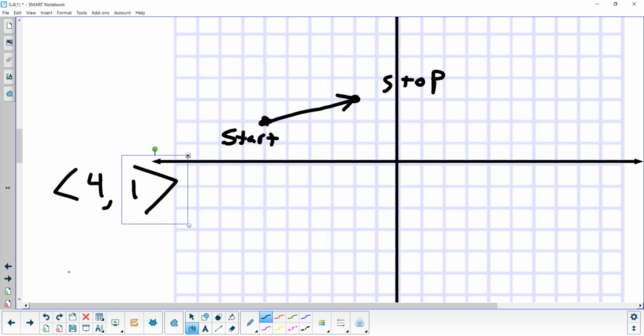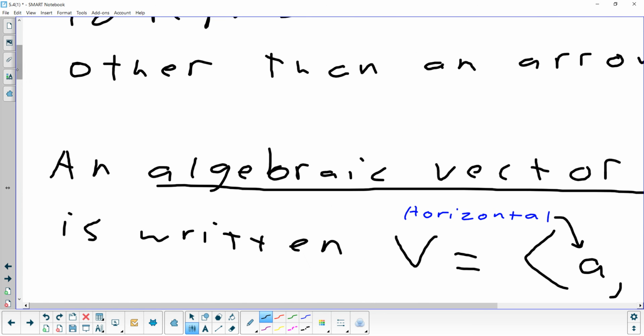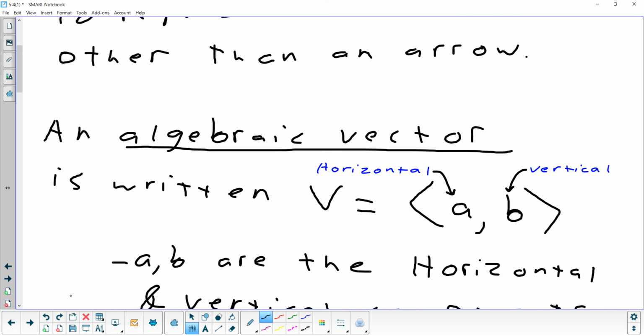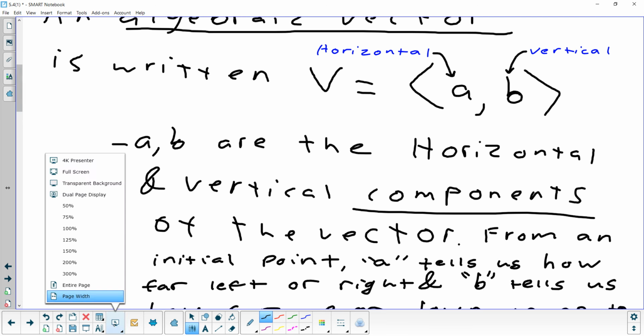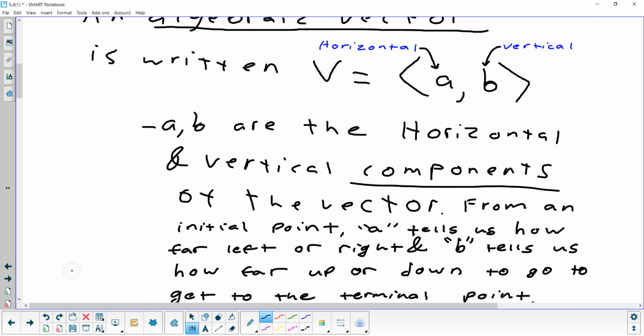Let me write that down right now. Okay, so the A and the B are what we call the components of the vector. So from an initial point, A tells you how far left and right we had to move, which in our case was 4 units.